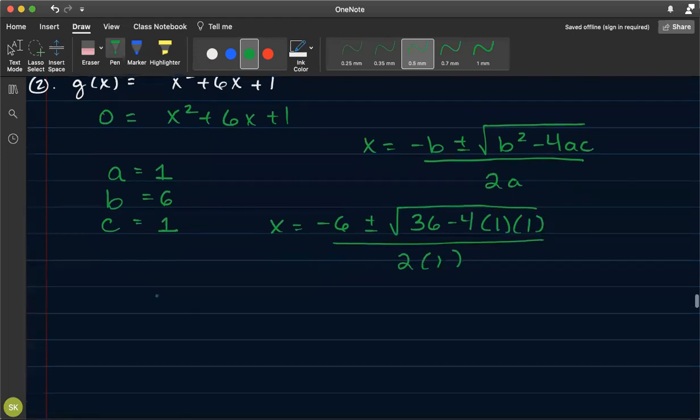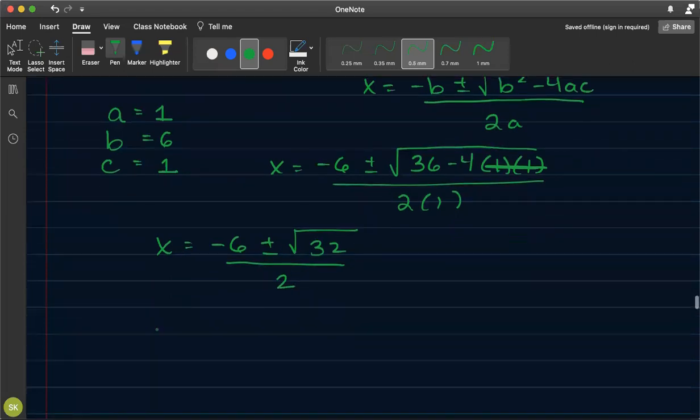Okay, let's simplify. X is equal to negative 6 plus or minus the square root of 36 minus 4, which is 32, and then on the bottom we just have 2.